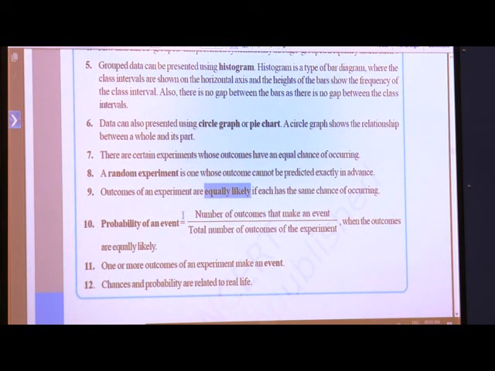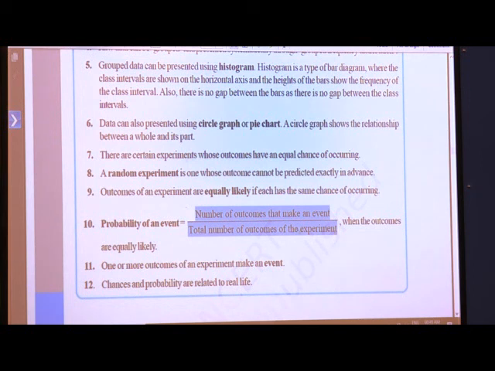Probability of an event. What is probability of an event? Number of outcomes that make an event upon total number of outcomes of the experiment. Just now we saw the last question: a prime number, not a prime number, number greater than 5, number not greater than 5.